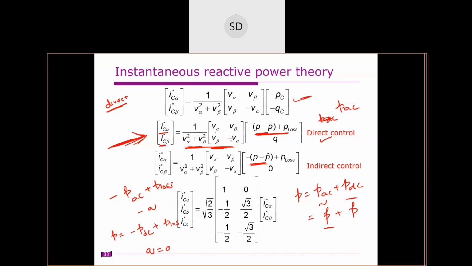Here we discussed direct control. These references are now in the alpha-beta reference frame. Once this is done, we'll convert them into the ABC reference frame.